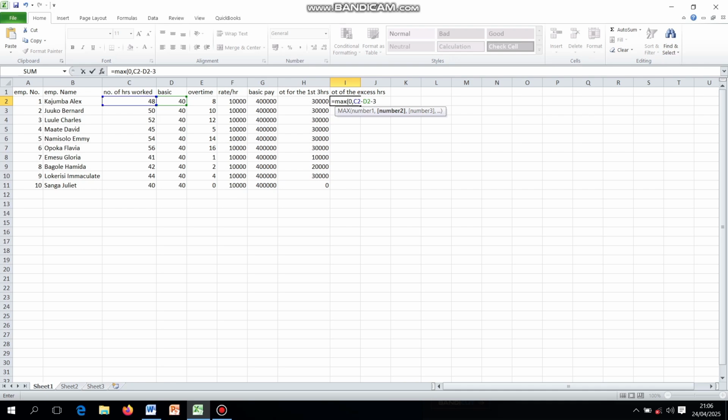After subtracting the 3, then I will close the bracket. Then I will multiply everything with the rate per hour, which is this.